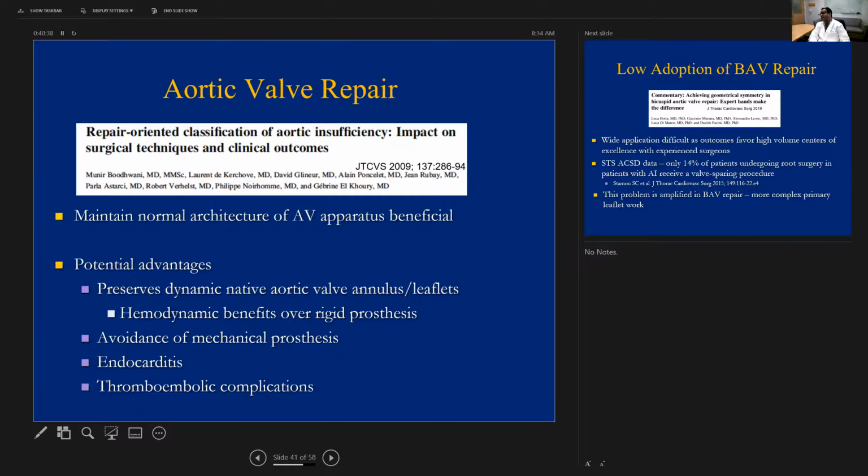Most of these bicuspid patients are in their 40s and 50s that I see, some in their 30s. And if we can preserve their aortic valve and offer a good root reimplantation or repair with rings, they can avoid a mechanical valve. And this has become even more appealing to patients nowadays because of the transcatheter valve option, which doesn't exist with mechanical valves.